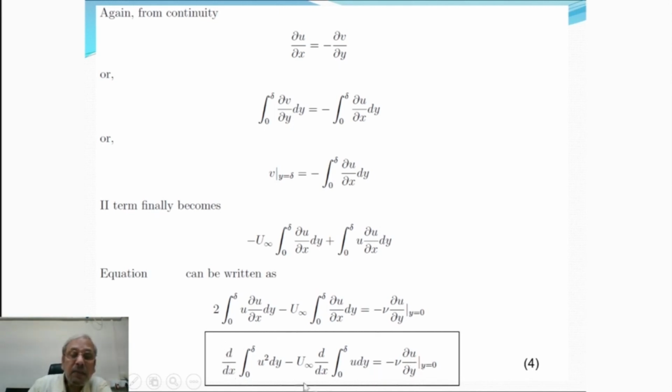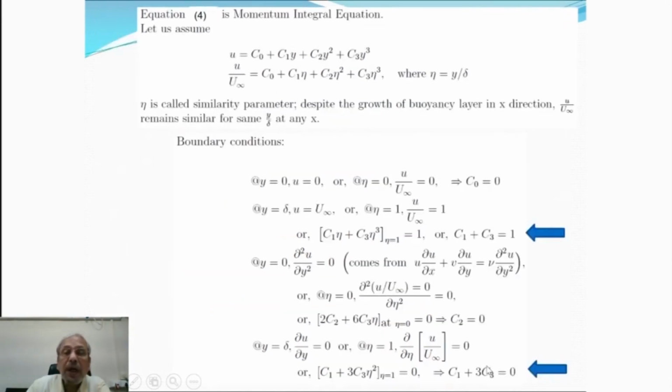This is basically the momentum integral equation for a surface where dp/dx is 0. For a zero pressure gradient surface or flat plate, we write this equation which is the momentum integral equation.